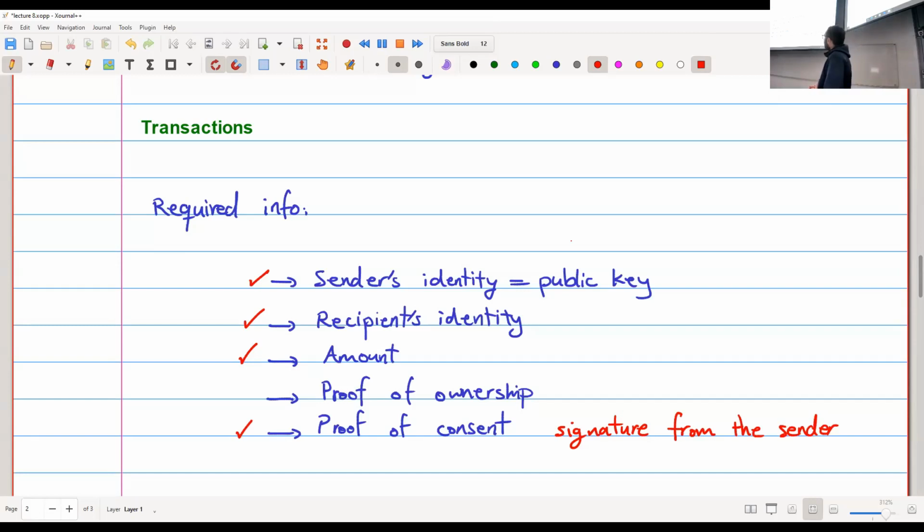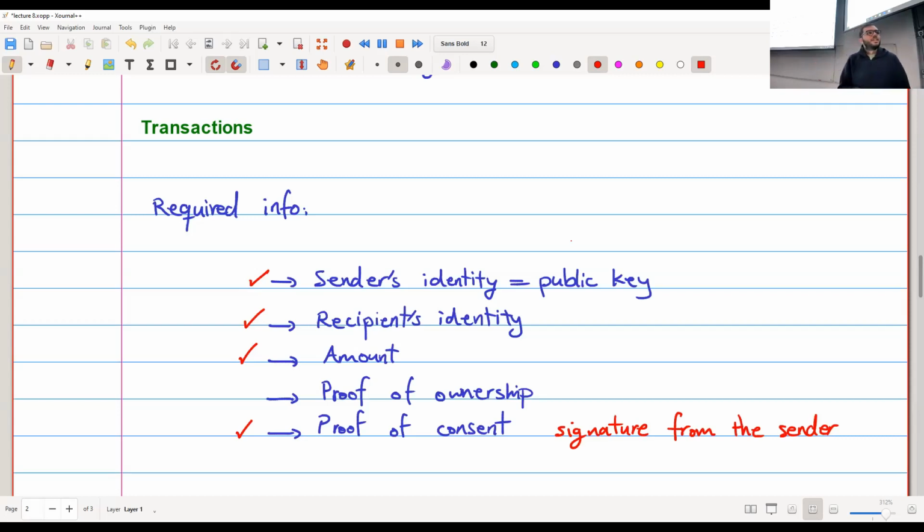Now we get to the main problem here. How do I prove ownership? So I want to prove that I have 5 coins in order to be able to send you 5 coins, right? How do I prove that I ever received 5 coins in the first place?